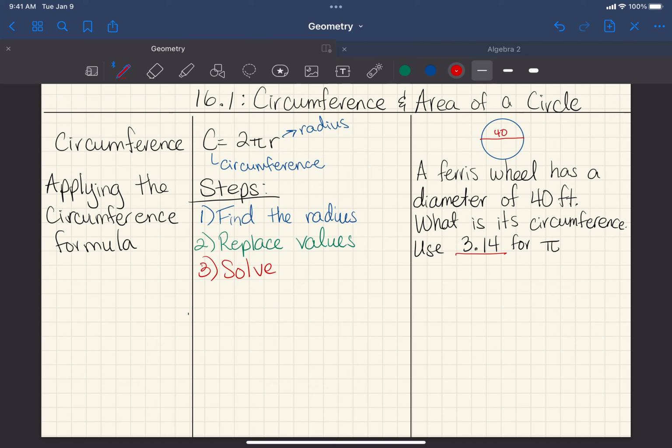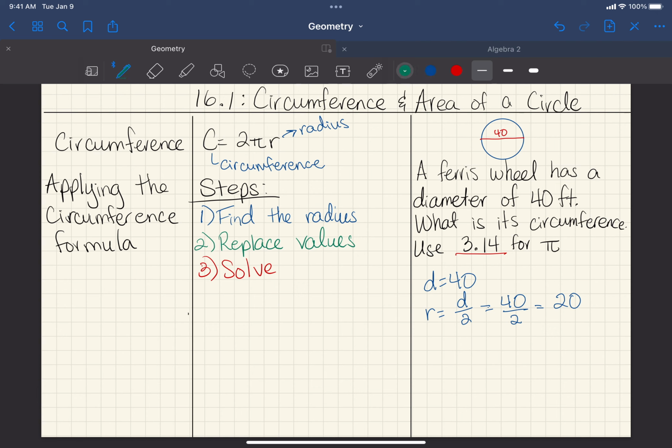So my first step is to find the radius. If my diameter is equal to 40, I need to remember that my radius is equal to the diameter divided by 2. So in this case, it will be 40 divided by 2, which is going to give me 20, okay?